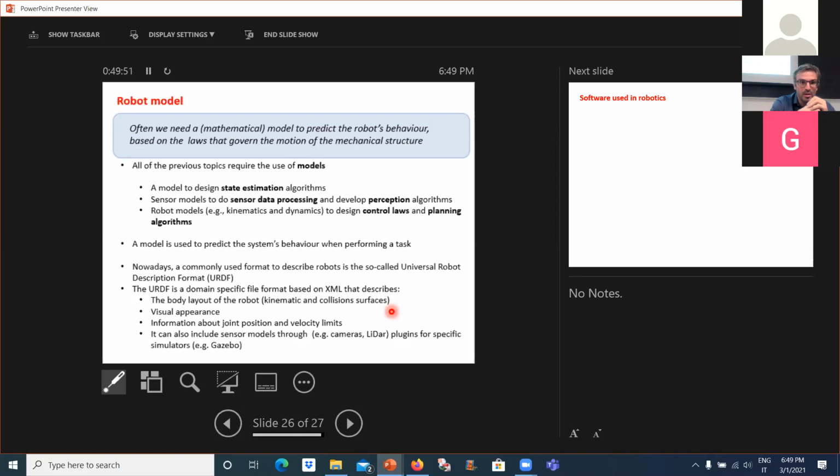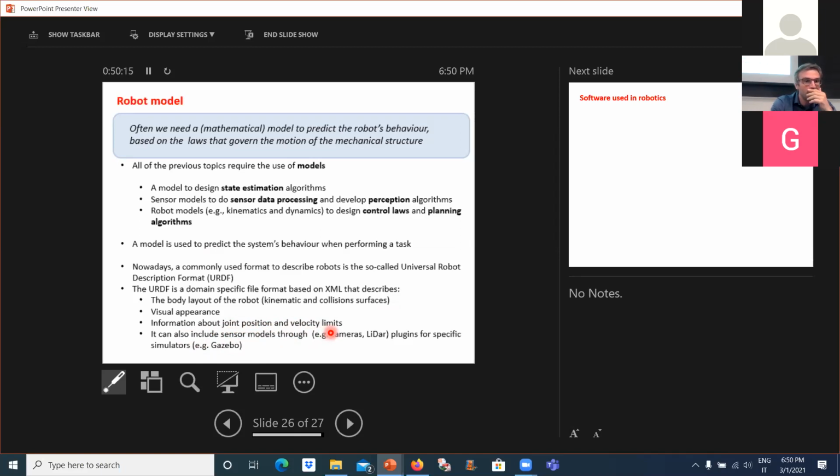And of course, you have information about the kinematic tree, the joint positions, and about the joint position limits and the velocity limits. Whatever we said about the kinematic limits, there are also velocity limits: you cannot achieve more than a certain speed, usually with an electrical motor.